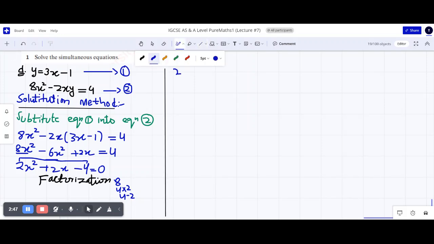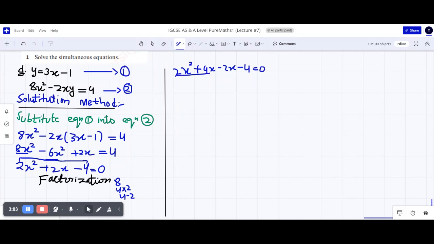Now here the 2x squared we will keep the same, and then plus 4x minus 2x and minus 4, which equals 0.